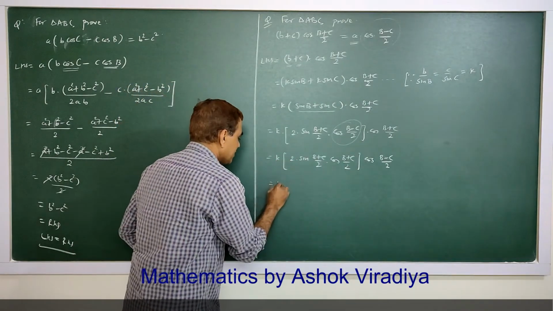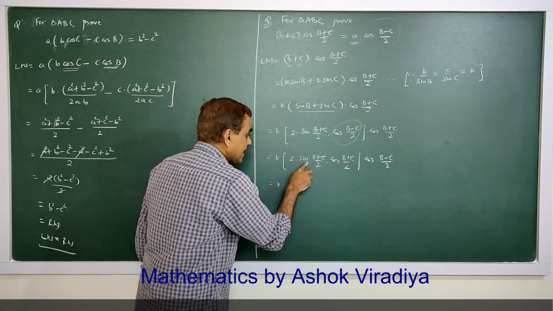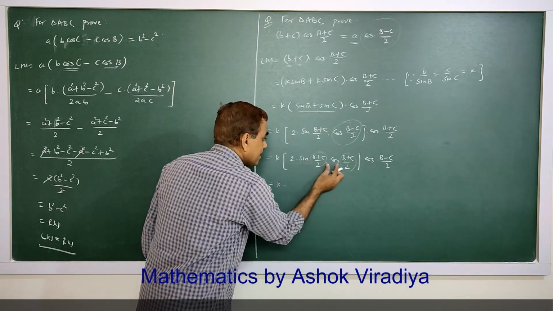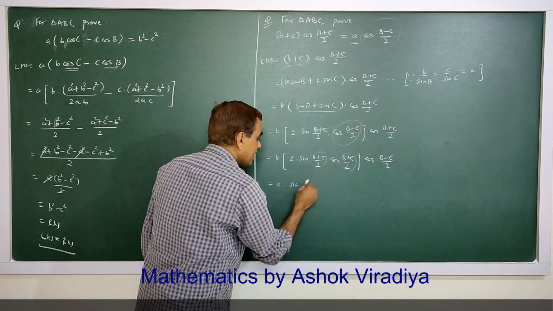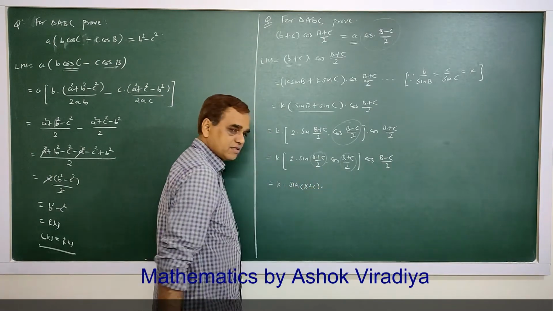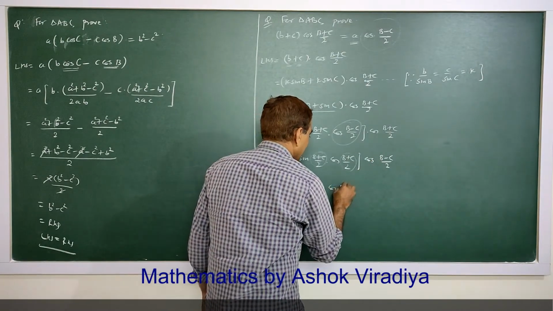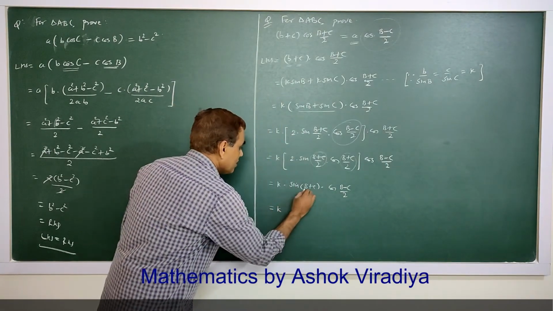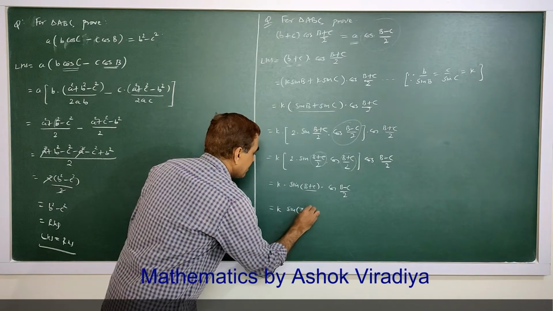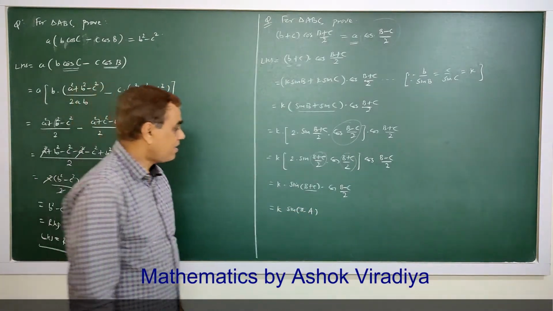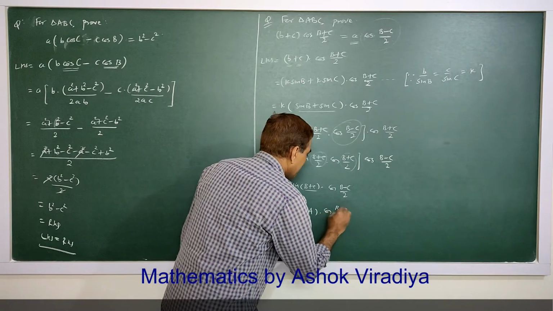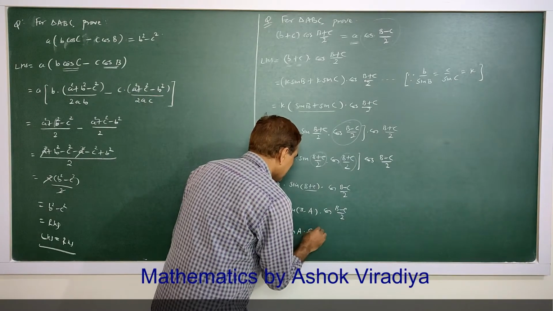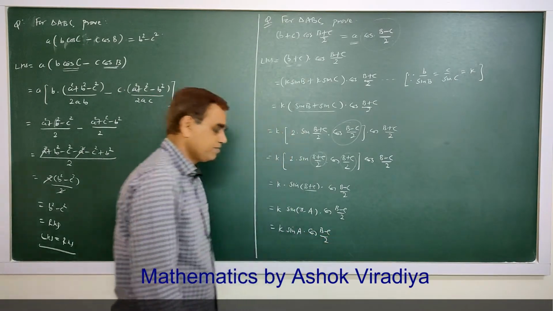Now look here. This is k into 2 sin θ cos θ. See, this is the same: 2 times sin θ cos θ is sin of double θ. So it is sin(B + C). This term as it is, cos((B − C)/2). Now k into (B + C), it is π − A. B + C is π − A, into cos((B − C)/2). So this is k into sin(π − A), which is sin A, cos((B − C)/2).